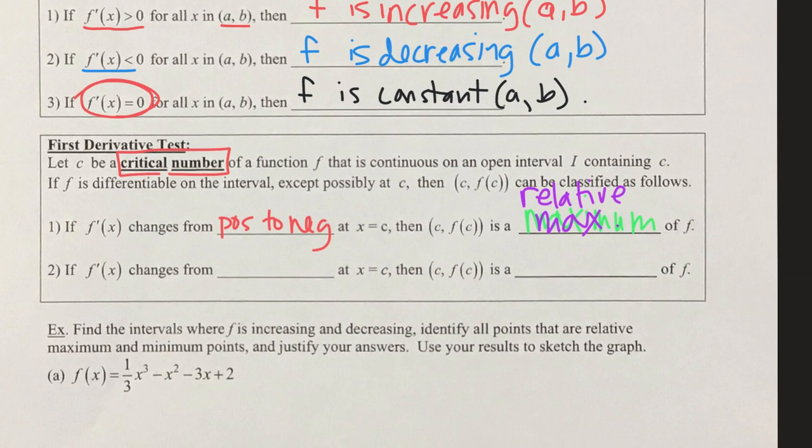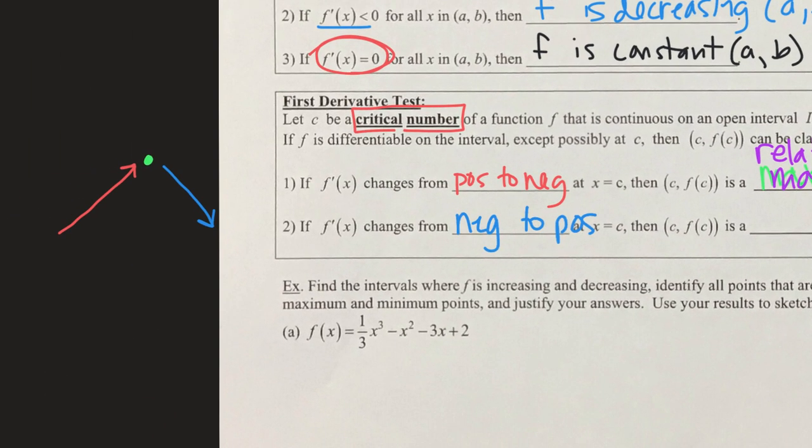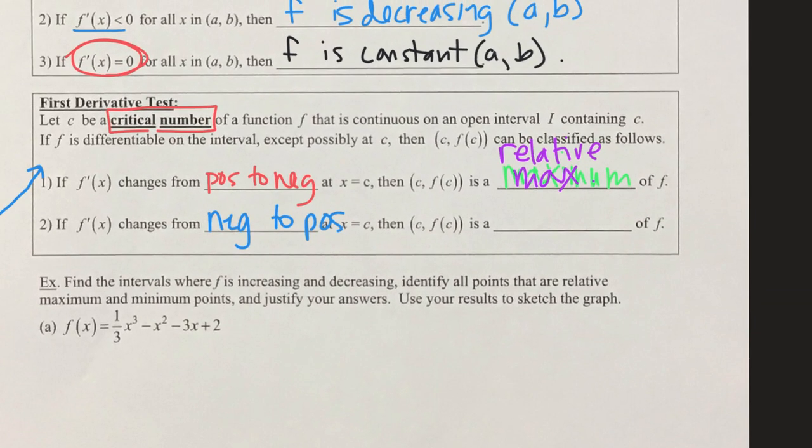If our derivative changes from positive to negative, then we have a maximum. But what if our derivative changes from negative to positive? That means it was going down and now it's going up. So what can we say about that point in between there, that critical value? That means that we have a relative minimum.